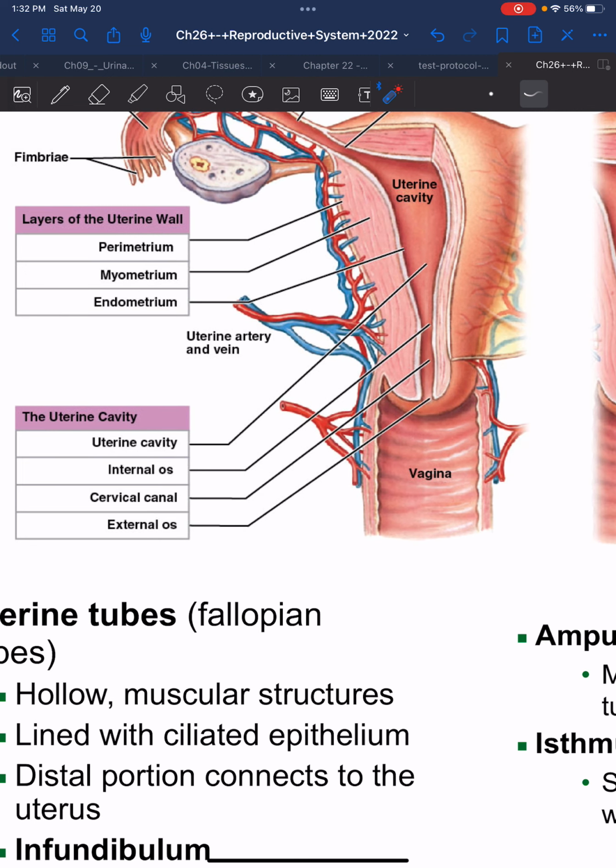If we go more externally to the external world, this entryway has some structures associated with it into the uterus. For example, the external os refers to the entry going inside of the uterus. These two portions here, the boundaries, are called the cervix.